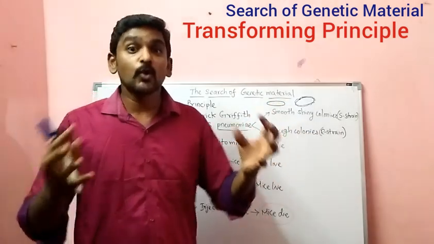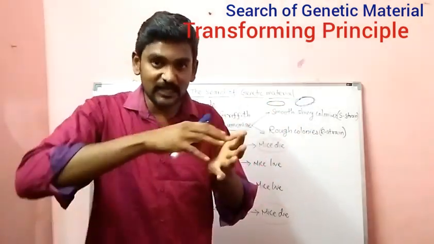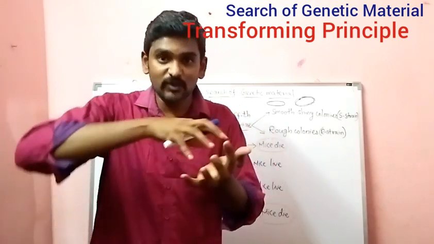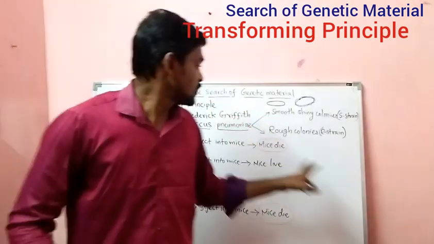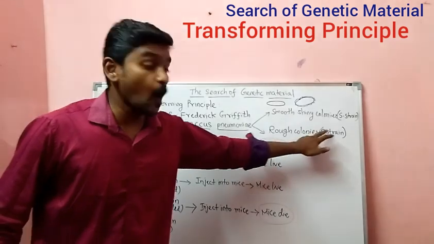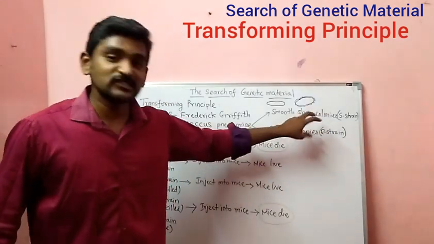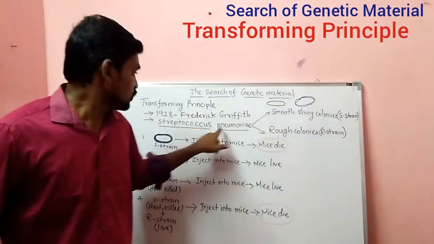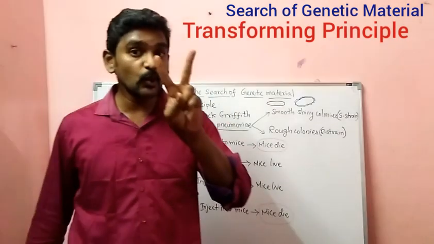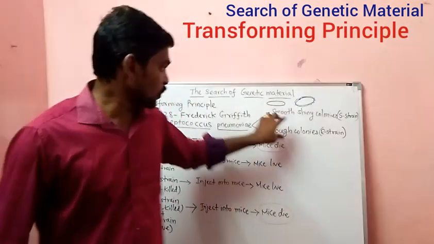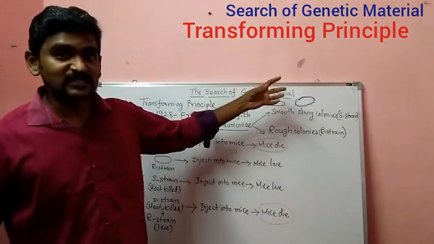Colonies means a group of bacteria. In the Petri plates, thousands of bacteria grow; that is called colonies. Rough colonies are the R strain, and smooth colonies are the S strain. So these bacteria produce two types of strains. What is the major difference?